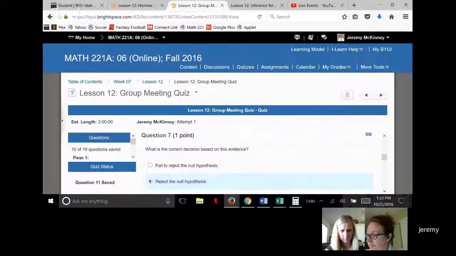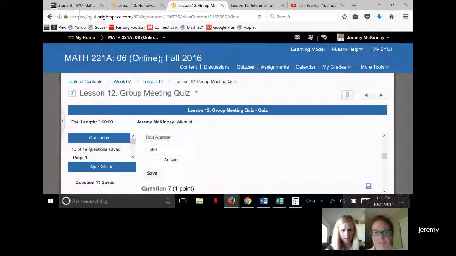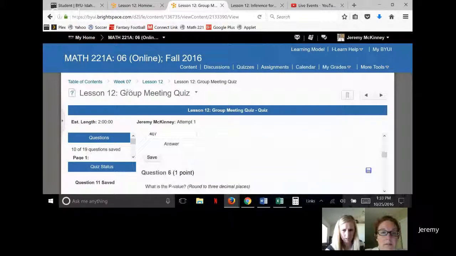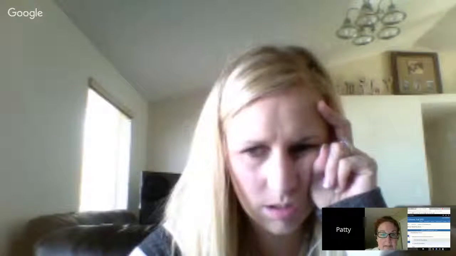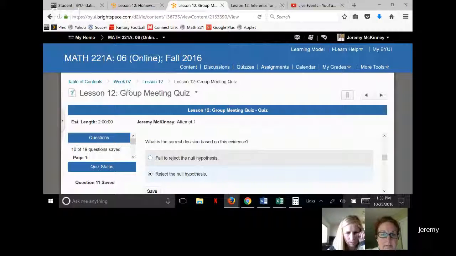Was this supposed to be fail to reject on this one? Which number? For number 7. We rejected it on number 7 because, oh yes, you're right, because our p-value was higher.